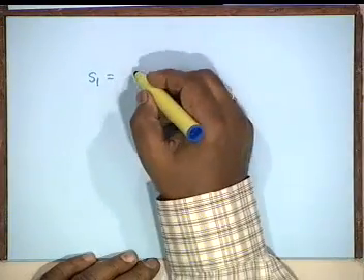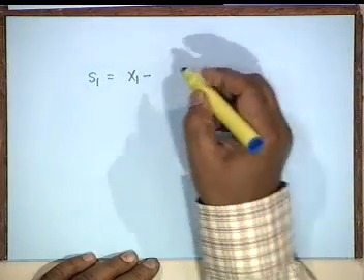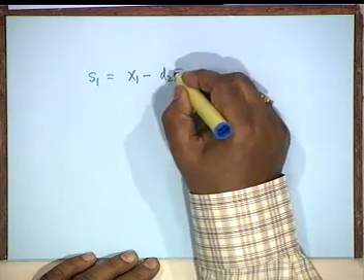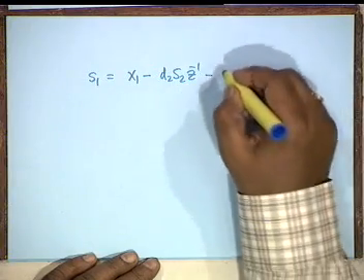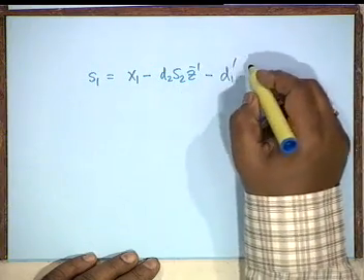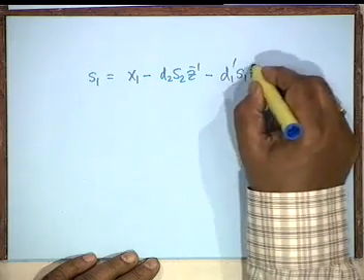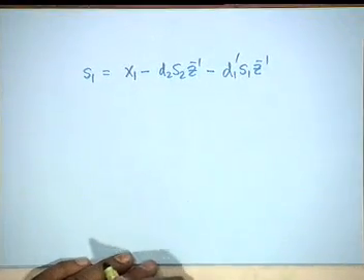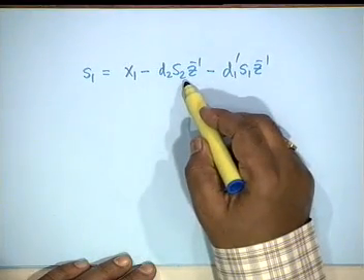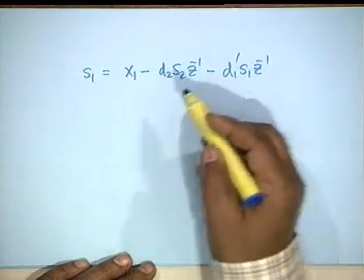Okay. So, let us write this down. S1 is X1 minus D2 S2 Z inverse minus D1 prime S1 Z inverse. And we have already obtained a relationship between S2 and S1.